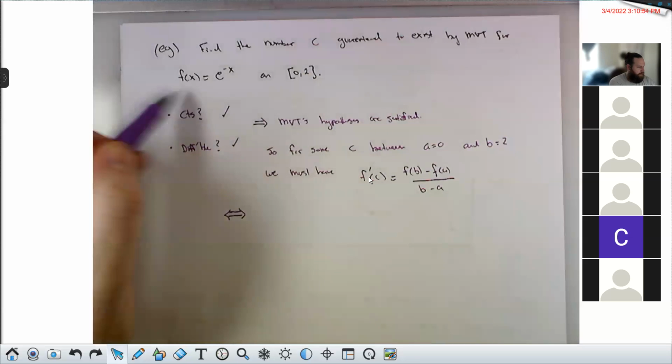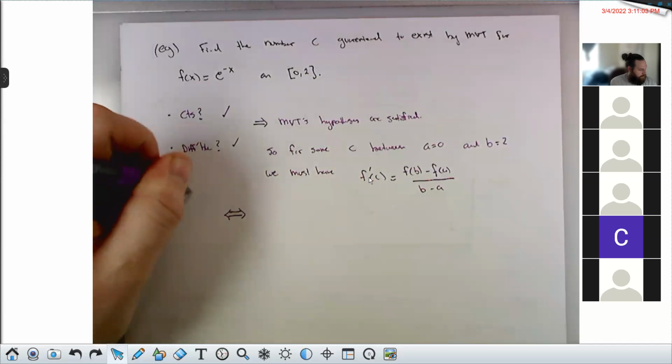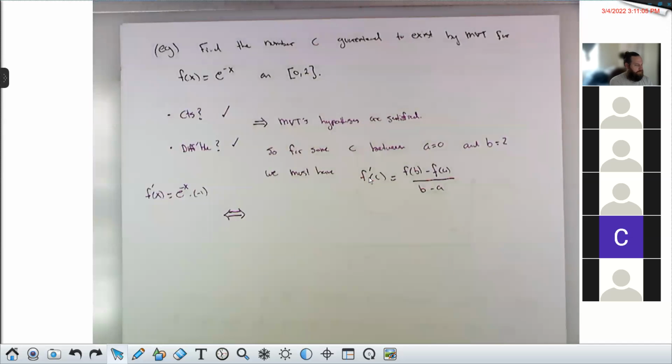So what is that? Well, f prime of x is e to the negative x times negative 1.